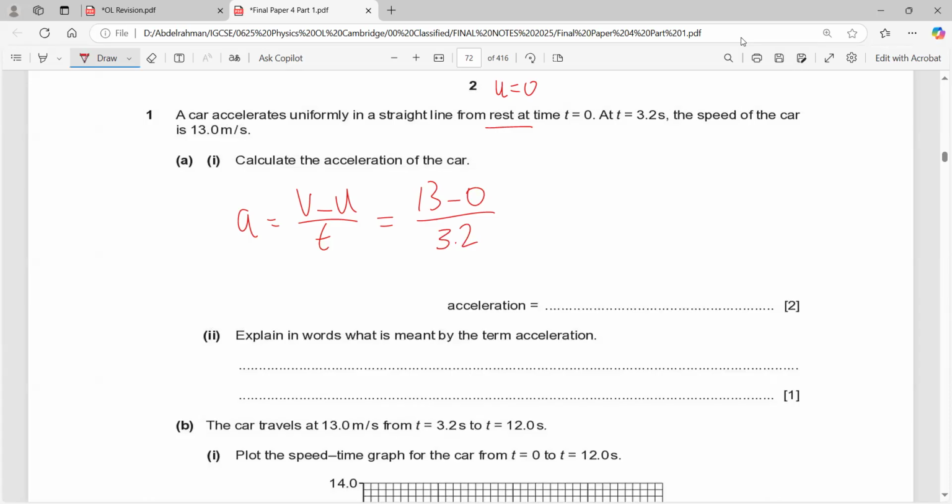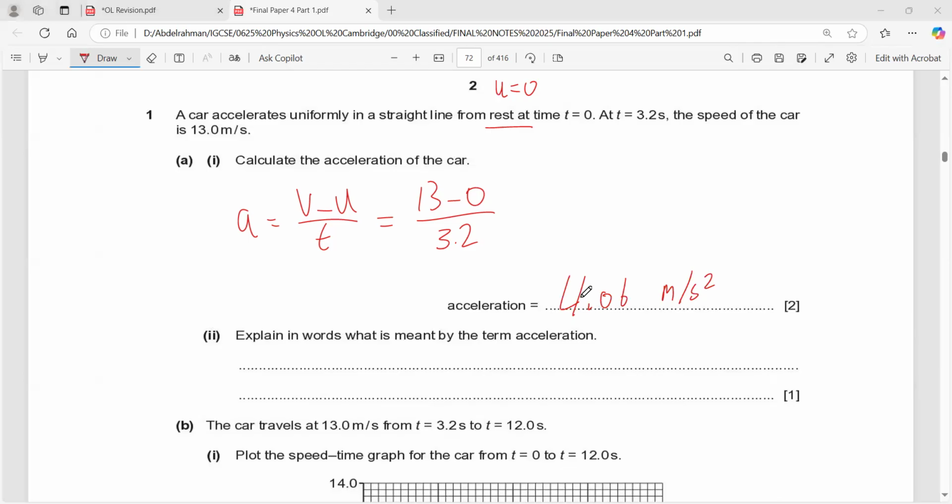So 13 divided by 3.2 is 4.0625. Do not write all of these numbers. 4.06 and that's it. That's more than enough. 4.06 meters per second squared, or 4.1 is also the right answer.